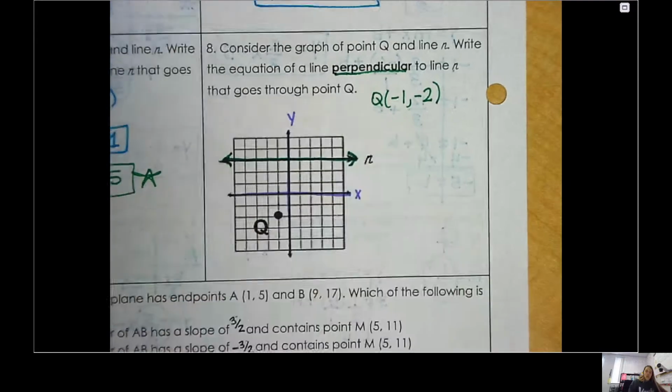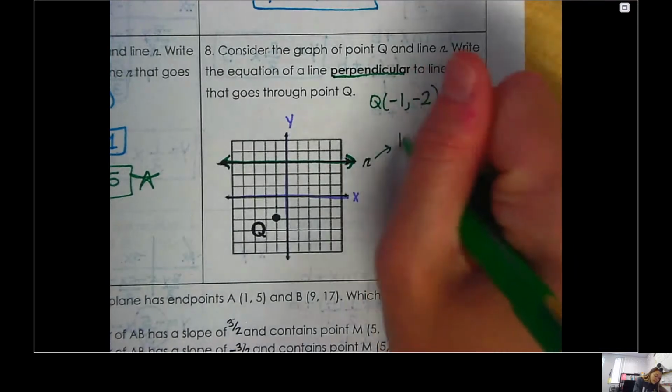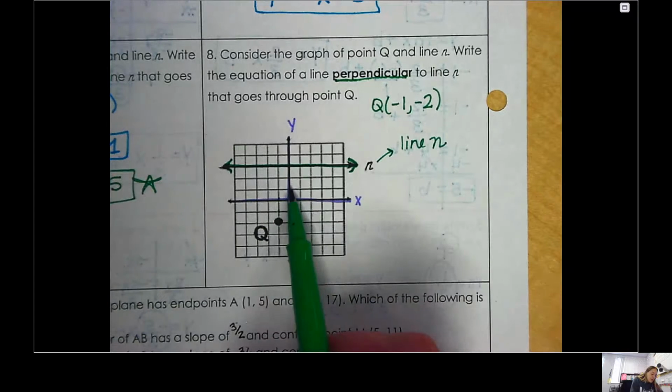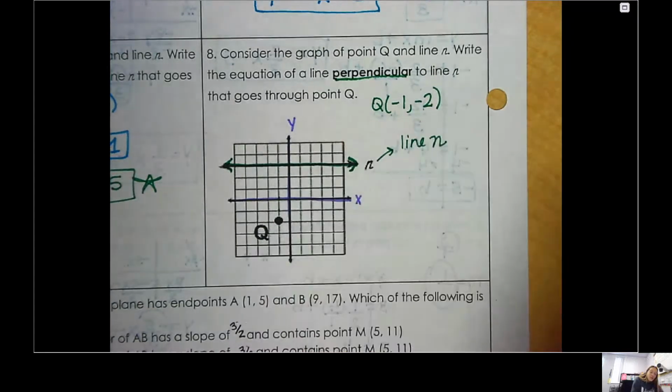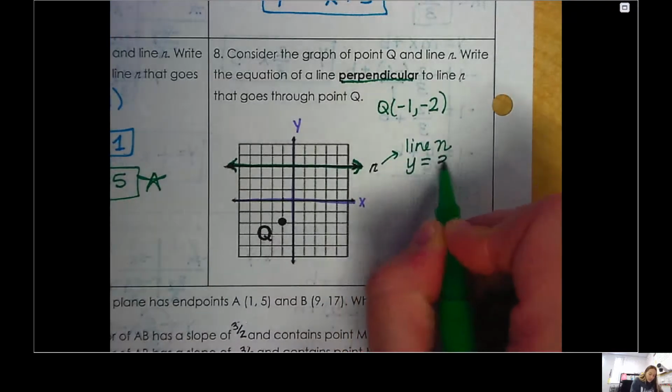Line N is a horizontal line. And so to write the equation of line N, what I have to do is I'm going to say, where does it cross the y-axis? So it crosses the y-axis at a +3. So the equation for this line, that's the N line, is y equals 3.